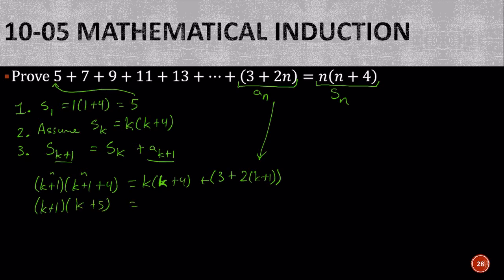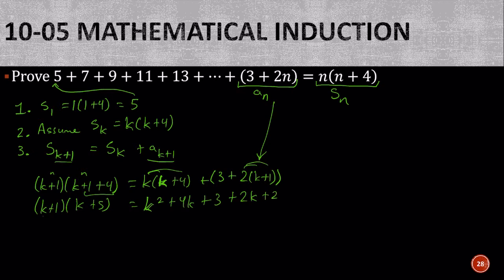On the right, I combine the 1 and the 4. On this side we could distribute, so that'd be k squared and then 4k. And then we could distribute the 2, which would be 2k and 2.